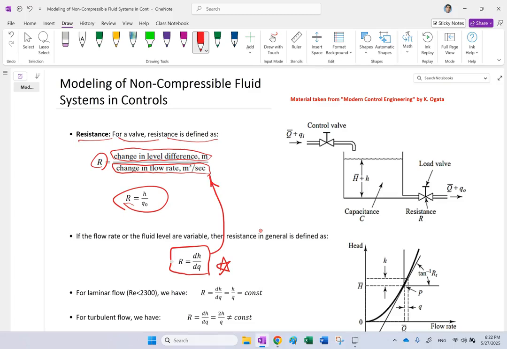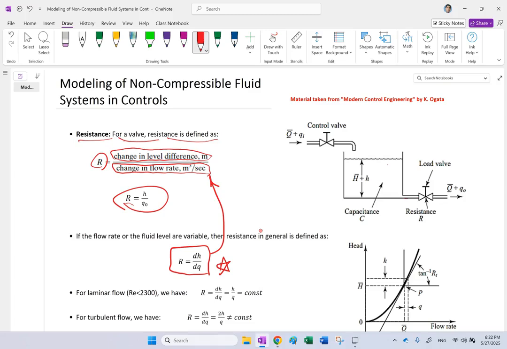Now, what is H? So here we assume that we have a tank, and this tank has a pipe that, we don't consider this portion of the pipe, we don't model this, we just model the resistance as just the valve. And we say this valve is going to resist the flow rate that is going through it, right?